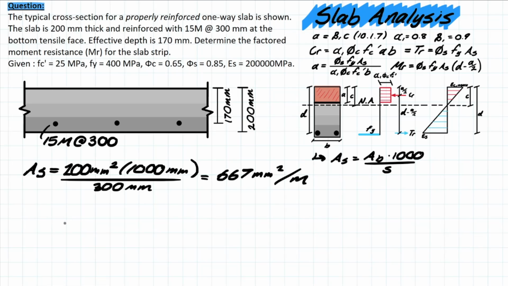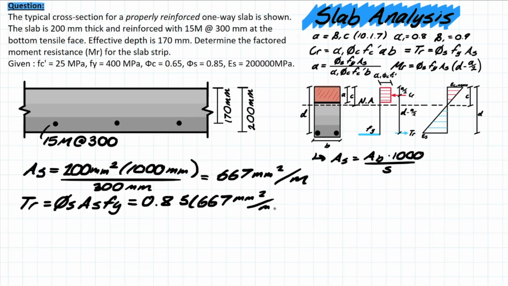Okay. Next thing that we need to do, obviously for the alpha value, we have to figure out a way to get to this a value. And in this formula, we have Tr on top over alpha 1, phi c, f'c, b. So we can first solve for this Tr value by simply writing down Tr is equal to phi s As fy. Solving for that, we have 0.85, that area that we just solved for, 667 millimeters squared per meter.